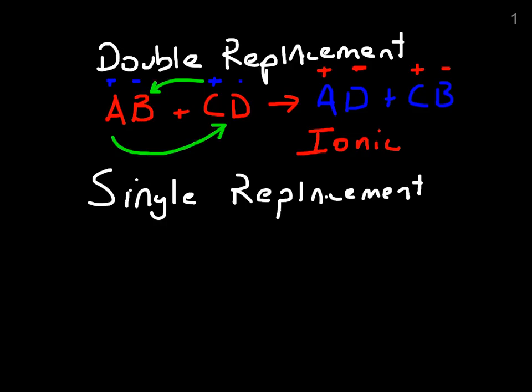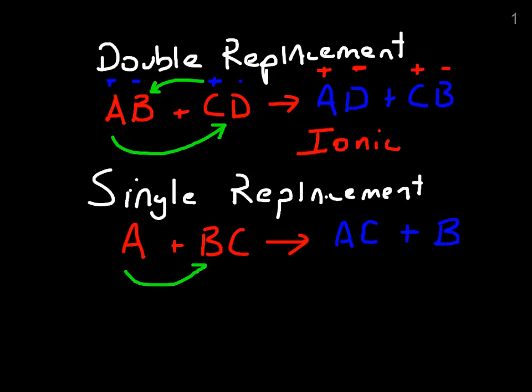So in a single replacement reaction, I'm going to have a lone element, and it is going to react with a compound producing new substance, and that's essential for a chemical reaction to take place, is you got to end up with new stuff, and it's going to look like that. So in this case, A right here is going to knock off B. A is going to then combine with C, forming AC. B is going to be all by itself, and this is going to be a single replacement reaction.